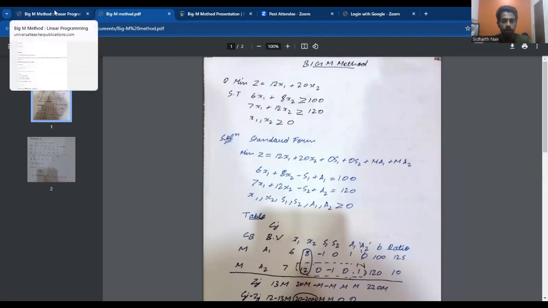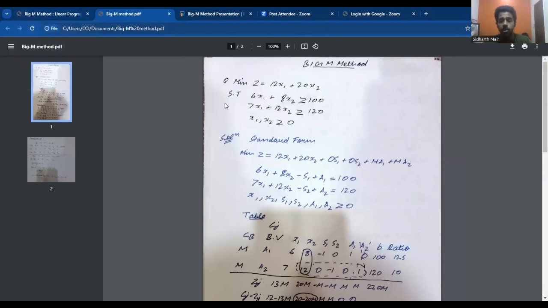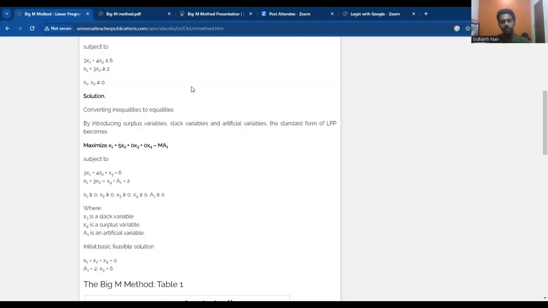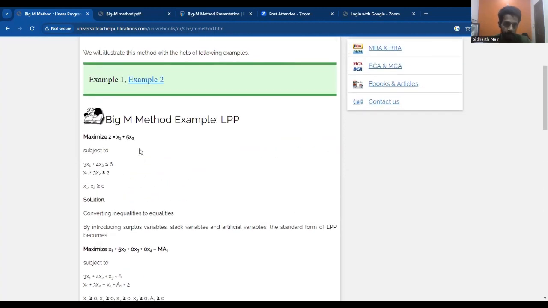Now let's see another example of maximization. Since we have already seen minimization, we don't have to delve into it very deeply. We will just see an overview. So here we have the question: maximize z equals x1 plus 5x2, subject to constraints 3x1 plus 4x2 less than or equal to 6, x1 plus 3x2 greater than or equal to 2.